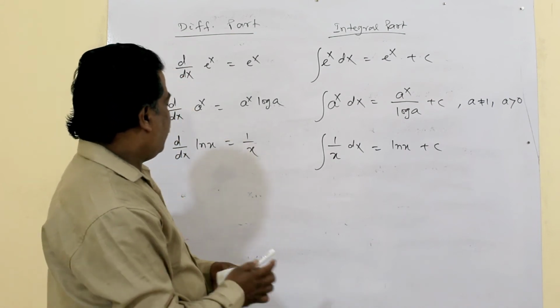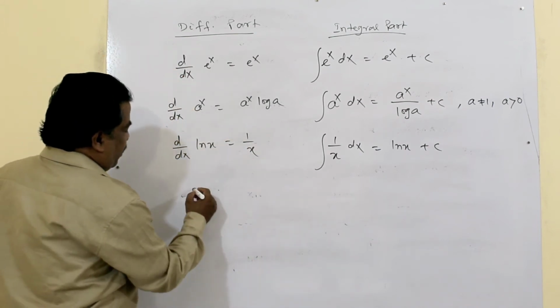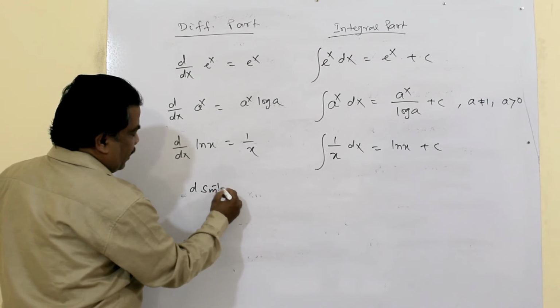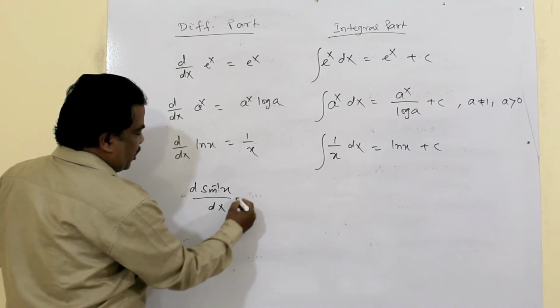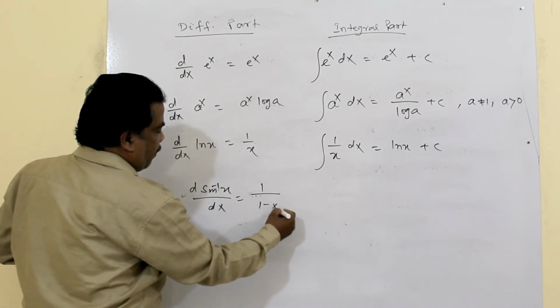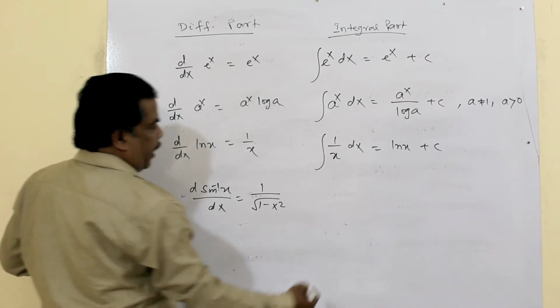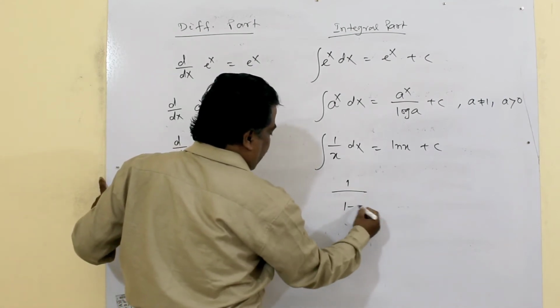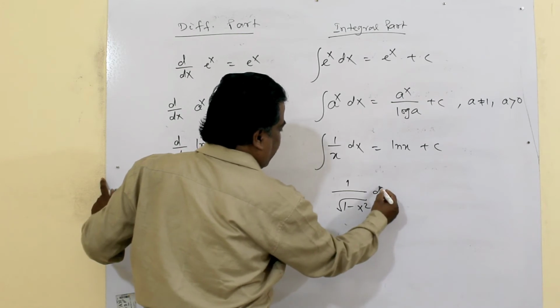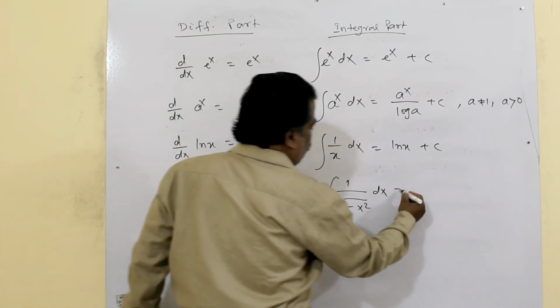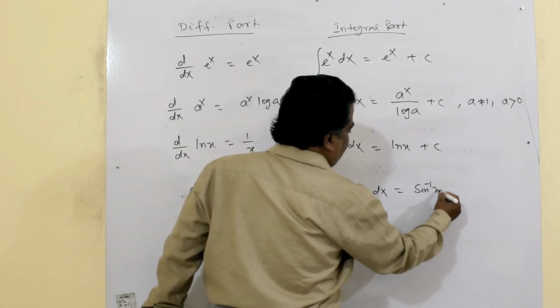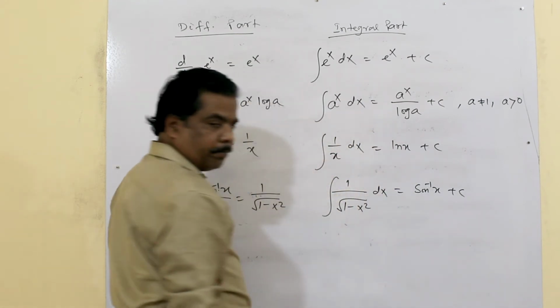Again we know that the derivative of sin inverse x is 1 by root over 1 minus x square. Hence the integral of 1 by root over 1 minus x square dx is sin inverse x plus c.